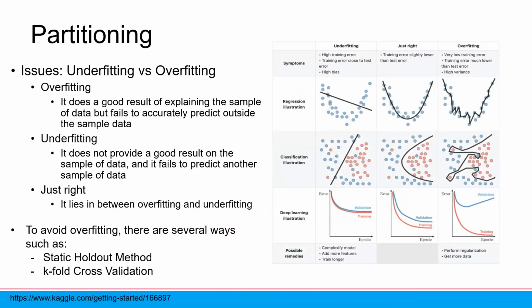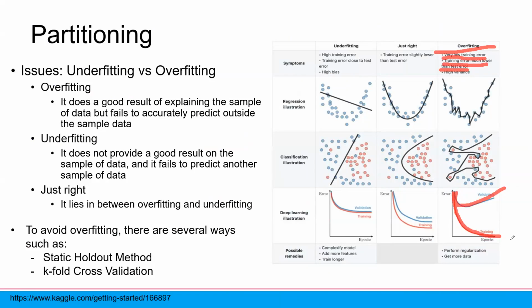So the last one that I want to mention to you is overfitting. We learned about overfitting before. Overfitting means we have a very low training error, and the training error is much lower than the test error. The testing error is high and the training error is low.